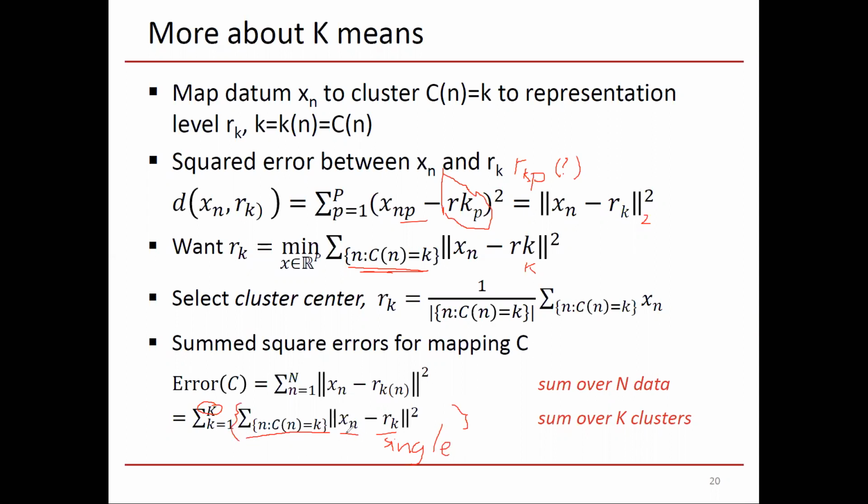So ideally, a globally optimal solution is you fix capital K, you want the mapping C of n to be such that the cluster center for each of these mappings minimizes the overall error of C.